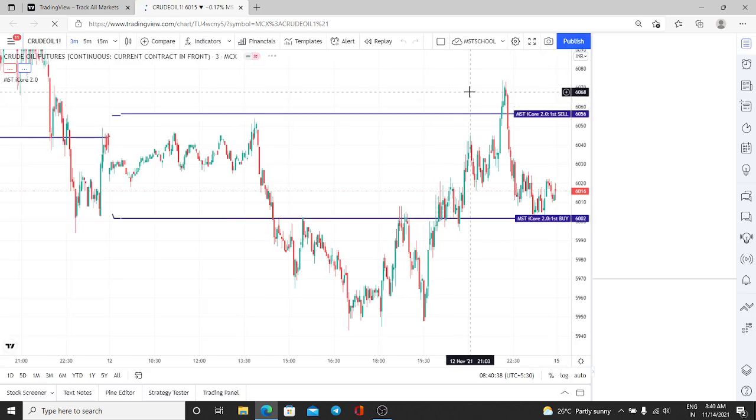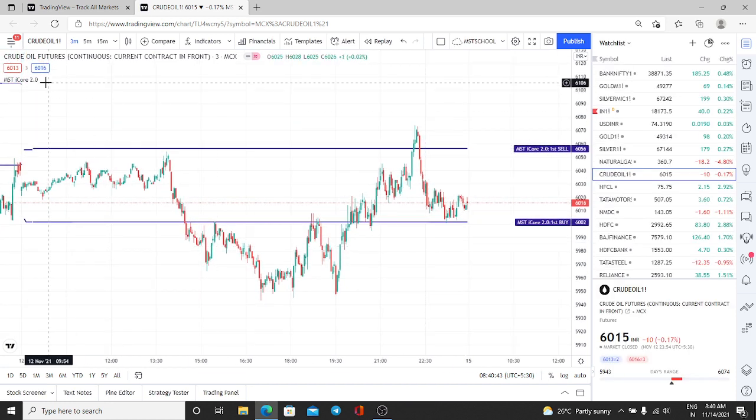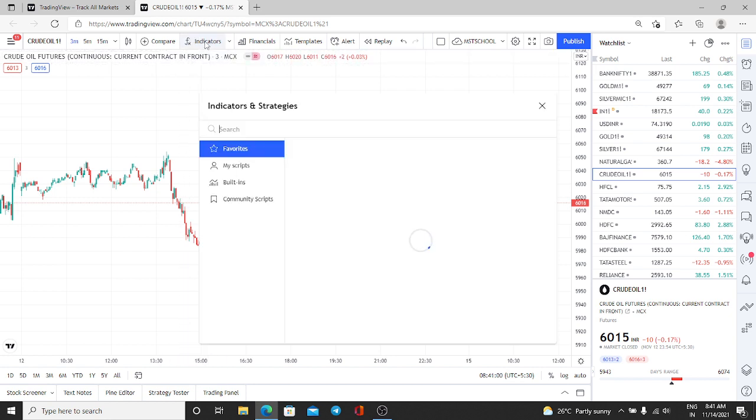Once you have opened your application and your indicator, suppose your indicator is not here. What you have to do is go to the top, where you will find a tab called indicators, also denoted as FX. Click on indicators, then favorites.